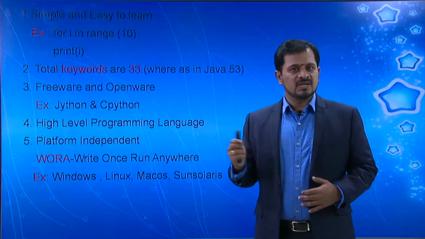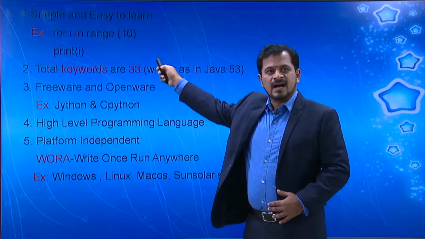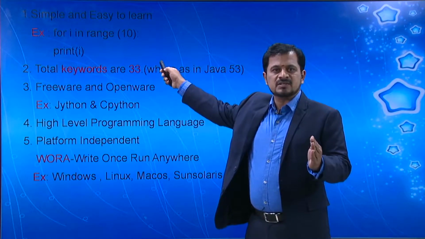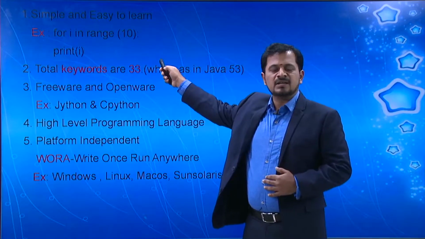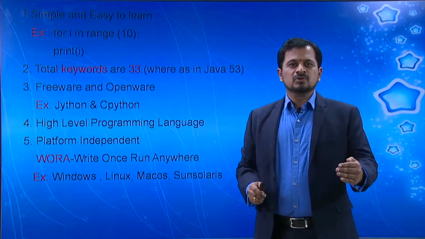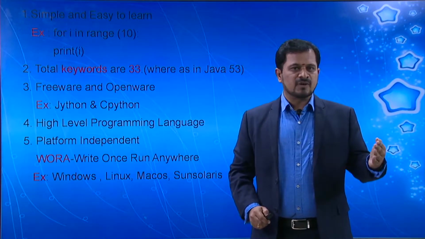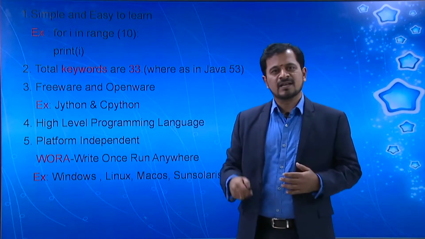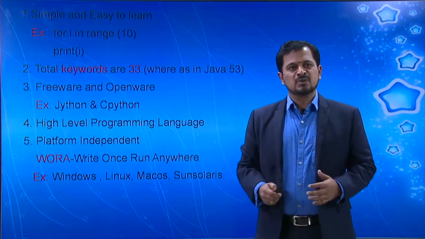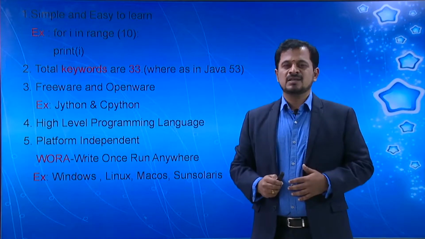Whereas here, you can directly write for i in range(10). My integer i is in the range of 0 to 10, and if I want to print it, print(i). That's it. I can easily create my for loop with an integer in a range from 0 to 10, and also print it in a very easy way. That is why the first and foremost feature of the Python language is that it is simple and easy to learn.